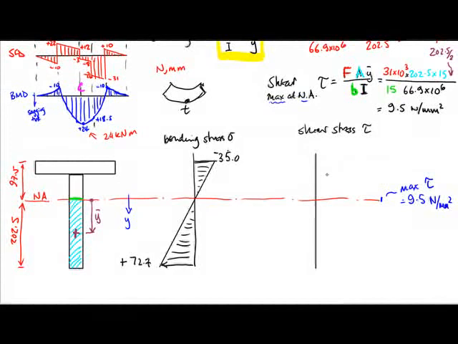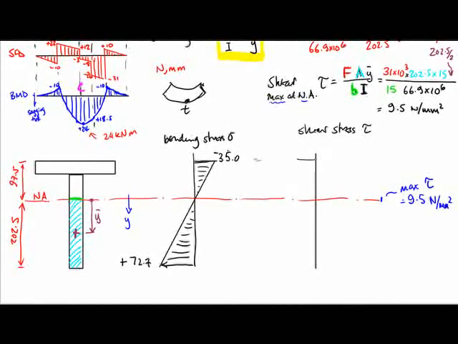I will just sketch out the picture of the shear stress distribution. If I can line it up a bit. So there's the top of the flange, that's the bottom of the flange, there's the bottom of the web across. So the shear stress would start at 0 at the top.